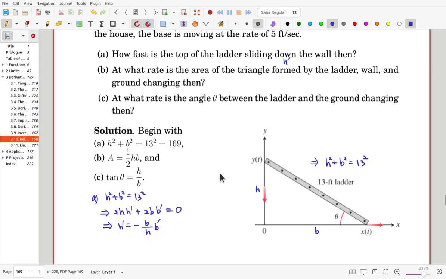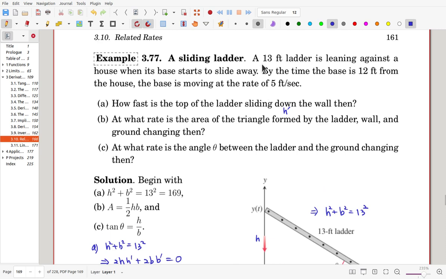Let's look at the problem statement. We don't know the time t. However, at the moment, the base is 12, which means b is 12. And the base is moving at the rate of 5 feet per second, which means b prime is 5.